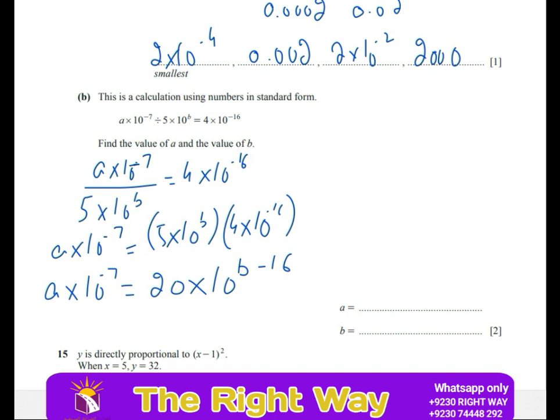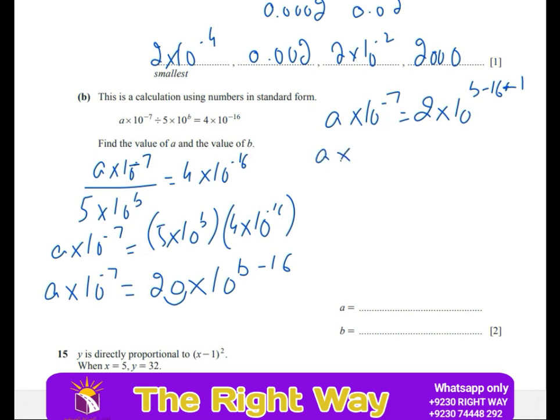B minus 16. Now 20 is not in the standard form, because in the standard form you will have only one non-zero digit. So when I move the point after 20 to 2, it will be A times 10 to the power minus 7 equals 2 times 10 to the power B minus 16, plus 1.